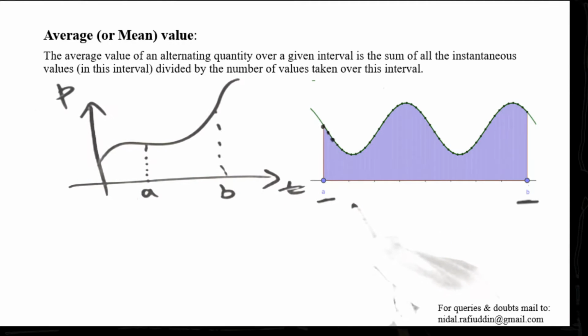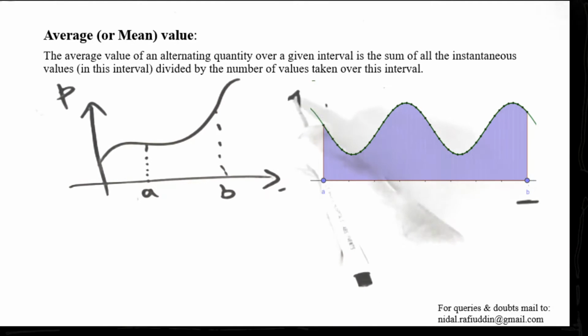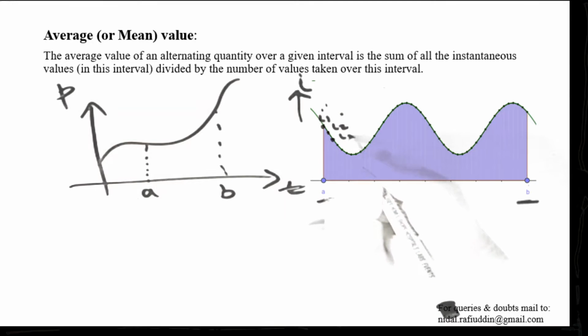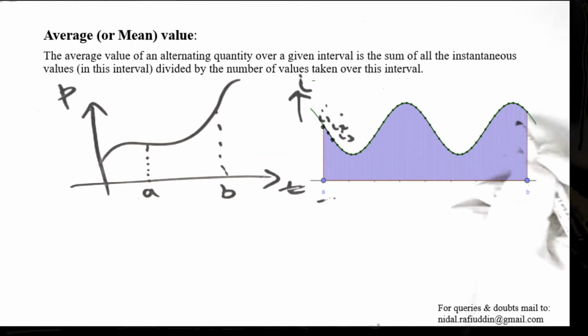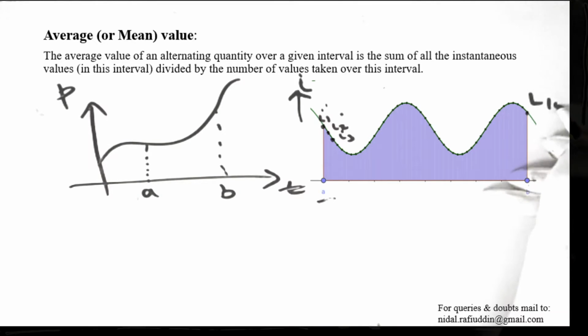So in order to compute the average of all this, let's say this represents current. So we have the values of current. Let's say this is I1, second is I2, third is I3, and so on. And let's say in total this is I100.